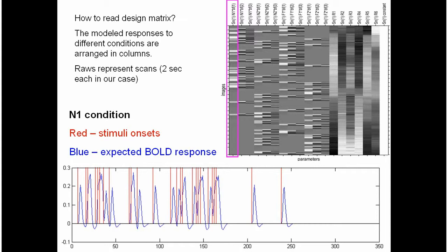Each column in the design matrix is one condition, or predictor or regressor. You can call it whatever you prefer.